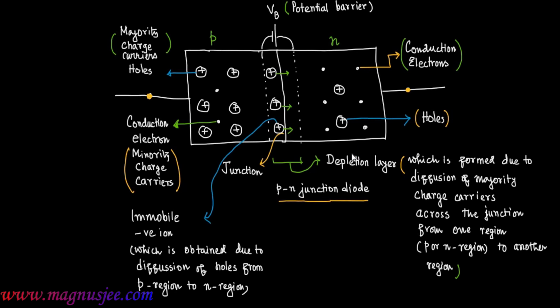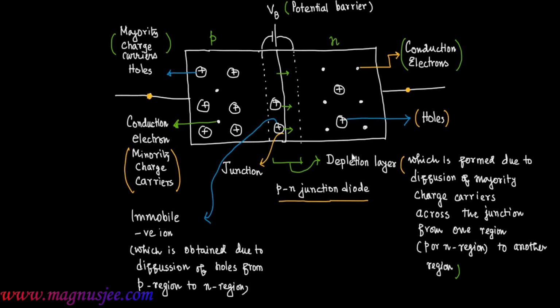Why does hole diffuse from the p side to the n side? Because of the difference in number density of holes. The number of holes in the p side is greater than the number of holes in the n side. That's why holes diffuse from the p region to the n region.